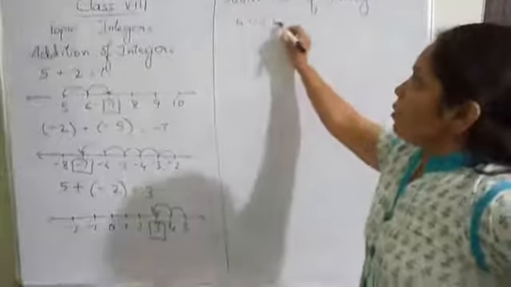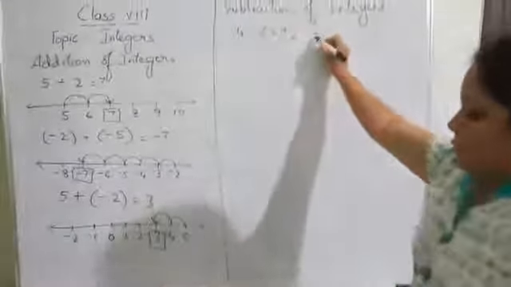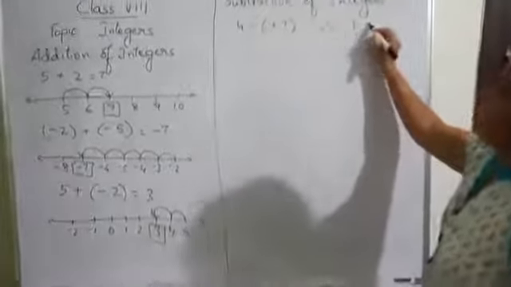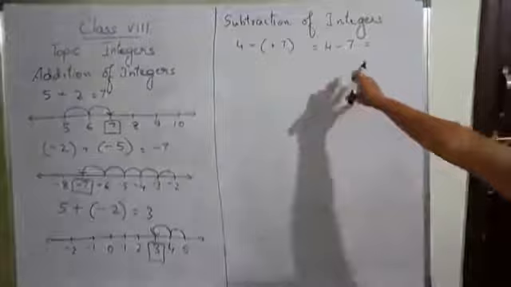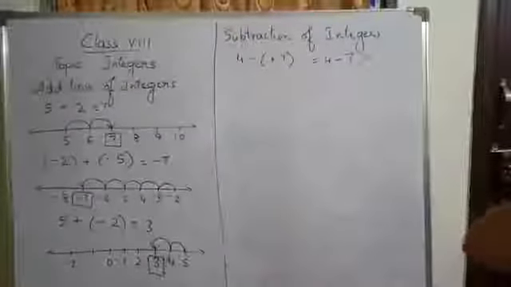4 minus of plus 7. Plus of minus gives you minus. So 4 minus 7. That means start from 4 and move towards left side 7 steps.